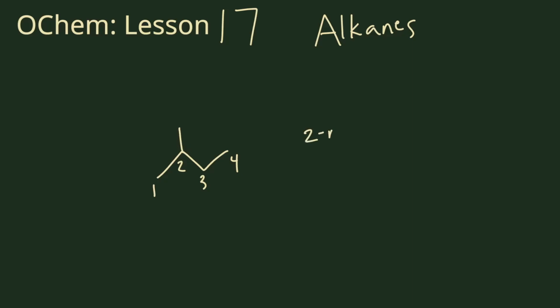So I'm going to call it 2-methyl-butane. When a chemist reads this, they'll say, okay, it's a butane, and on the second carbon there's a methyl group attached to it. That's this guy here on the end. And that's the whole trick to it. We always want to keep the number smallest where this kind of thing happens. So if I went the other way with it, let's say I took these numbers away and I wanted to go 1, 2, this becomes a 3 and 4.